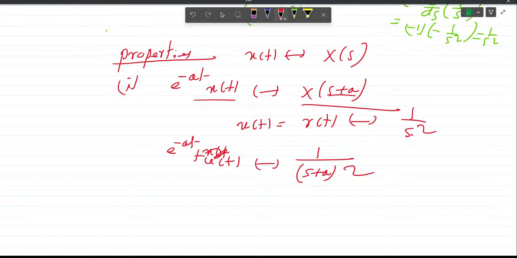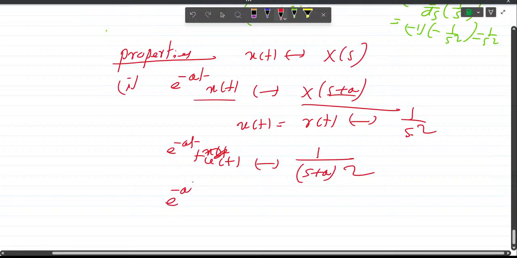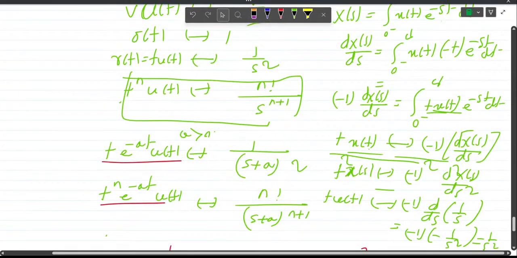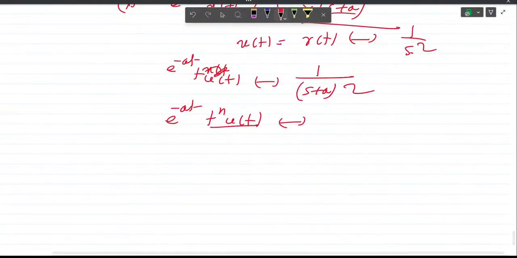Similarly, for example, e to the power minus at t to the power n u(t): what is the Laplace transform of x(t)? That was t to the power n u(t), n factorial upon s to the power n plus 1. So n factorial, wherever there is s you should put s plus a, so s plus a to the power n plus 1. Very simple.